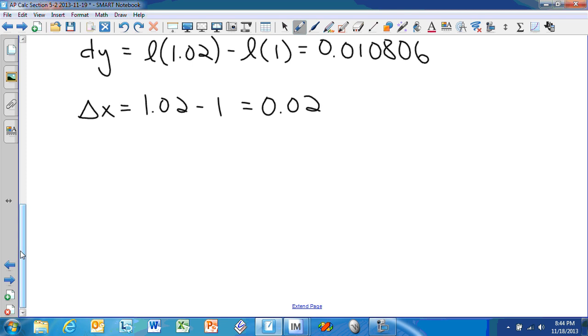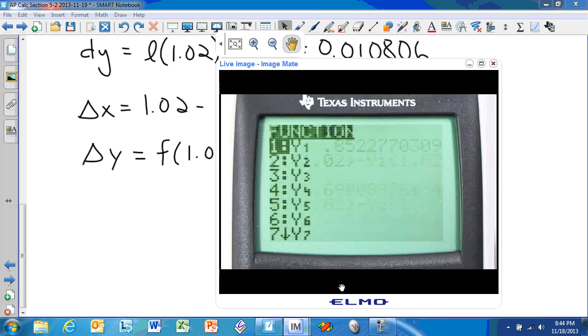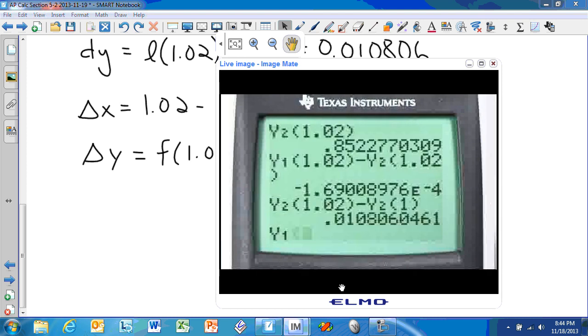And the last one that they want me to calculate here is delta y, which is measuring the difference in the y values on my original function. So that's f at 1.02 minus f at 1. And again, let's use the calculator to crunch those values for us. That's in y1.